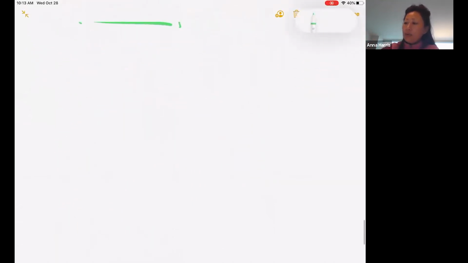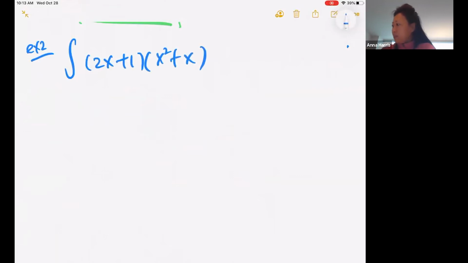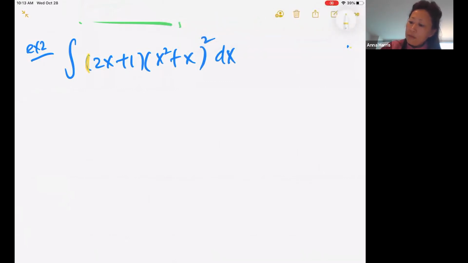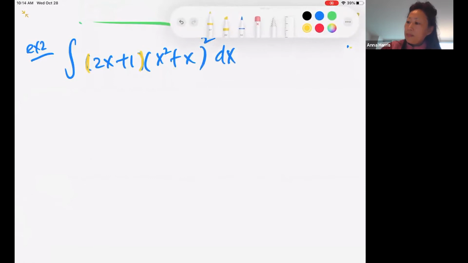So, second example. In this case, you have a parenthesis over here. There are 2 different parentheses, you have a 1 over here and a 1 over there.